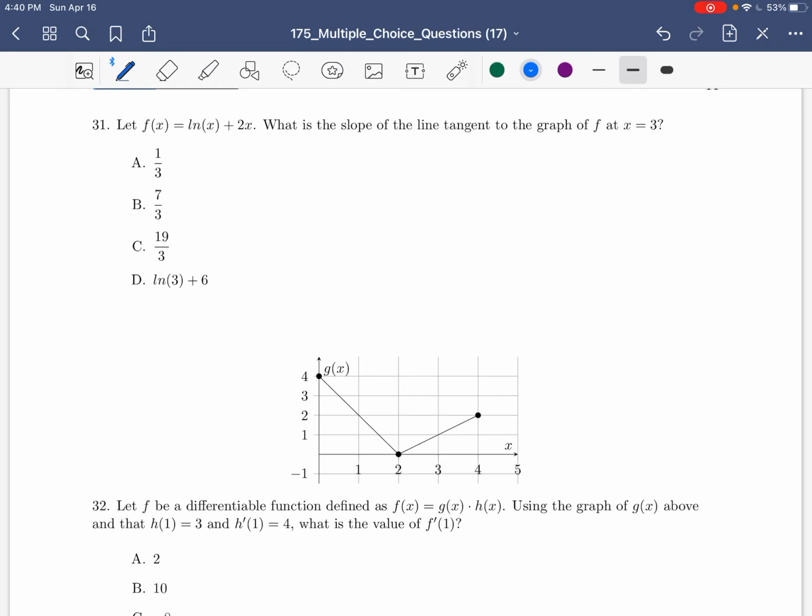Okay, 31, we have slope of a tangent line. So slope of a tangent line, you should automatically be thinking derivative. We know our derivative of natural log is 1 over x. Derivative of 2x is just equal to 2. And then it gives us the x value, 3. So I need f prime of 3.